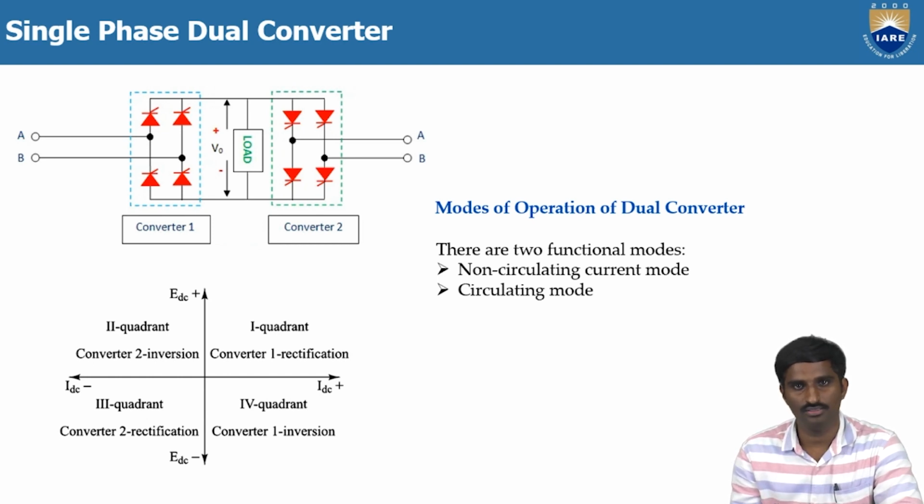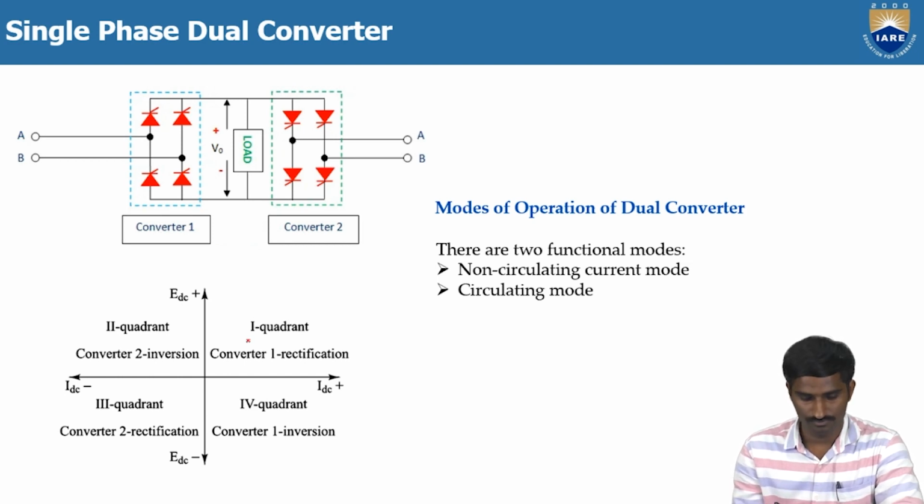The same concept we apply to converter 1 as well as converter 2. By using this dual converter, we can operate in 4 quadrants. Here we can see the 4 different quadrants.